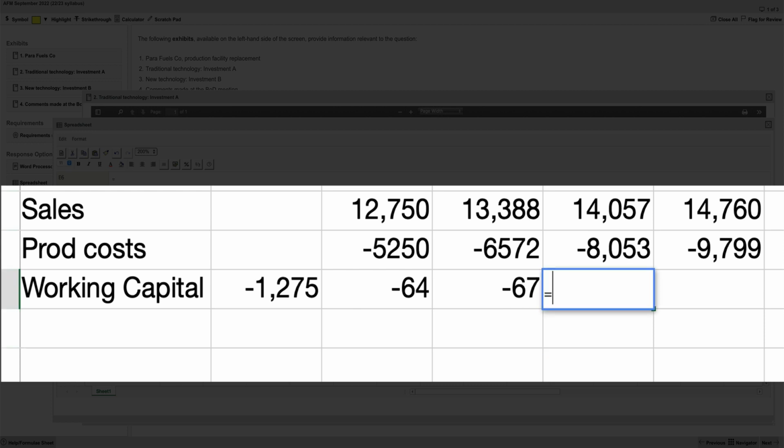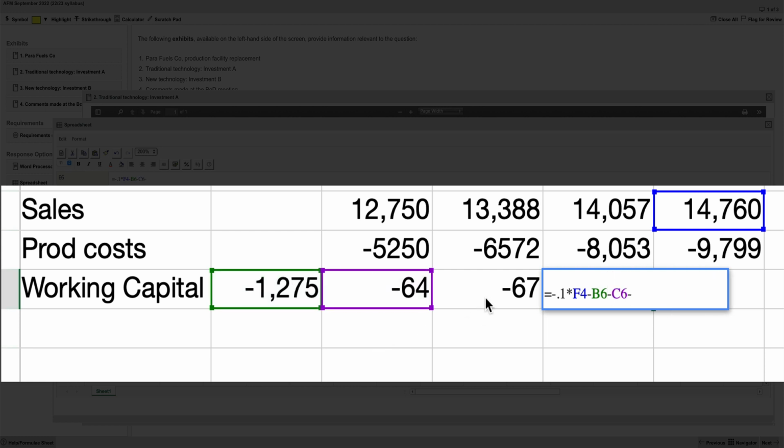And just do the same again for year 4, minus 0.1 of the sales, less what I've put in.